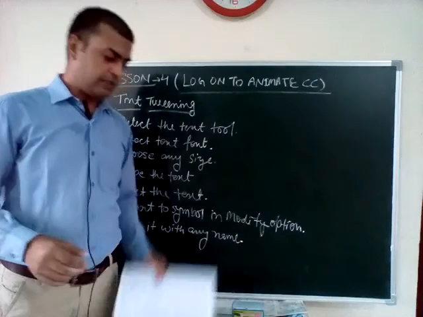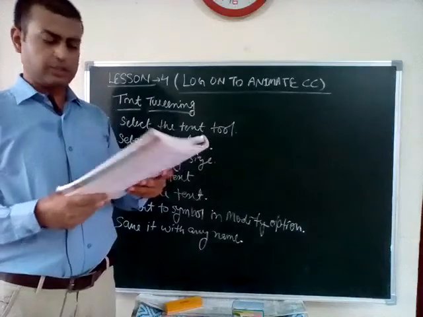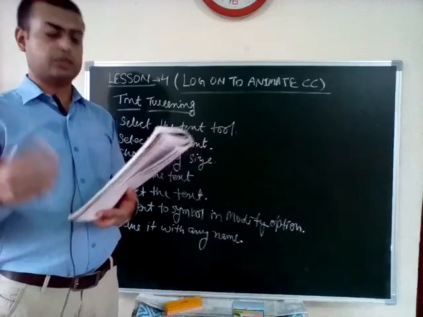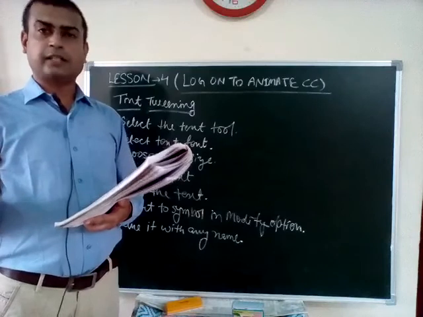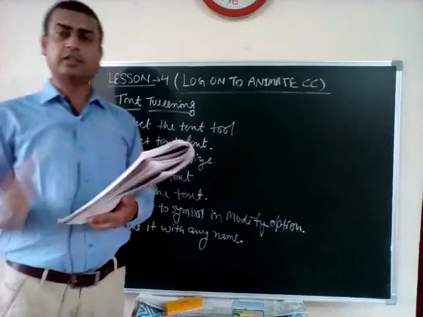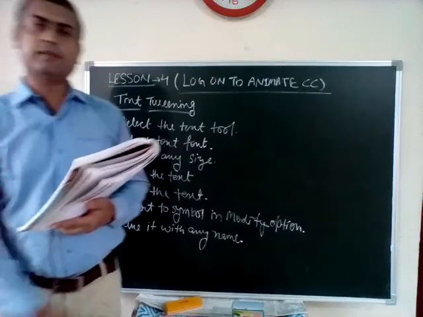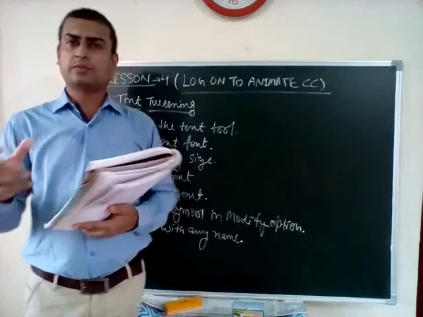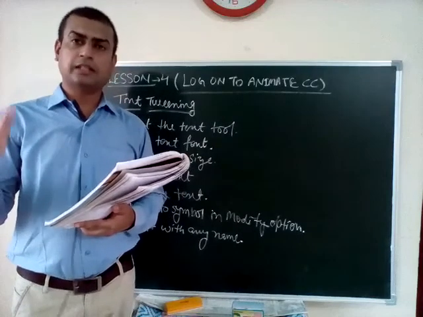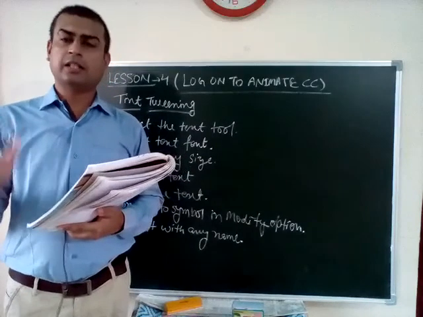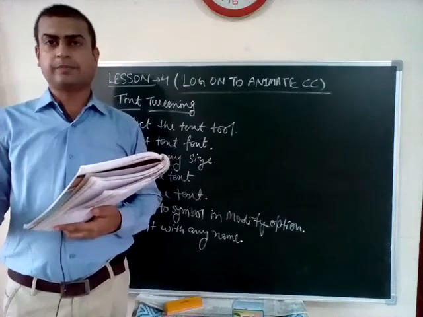So after this, how will you give the color? Now you have to go directly to the 30th frame. On the first keyframe you have drawn the photo, then go to the 30th frame, insert one keyframe, then again type one text.